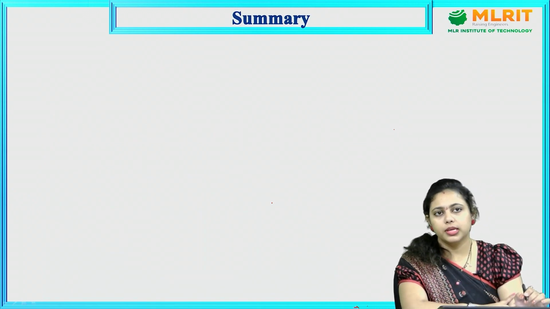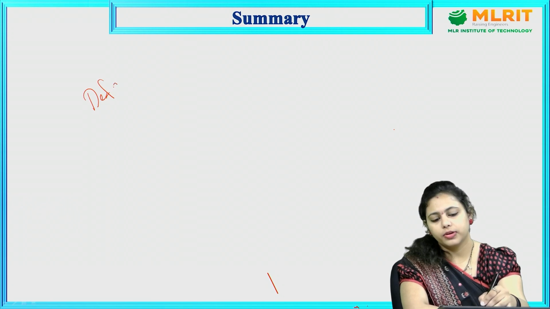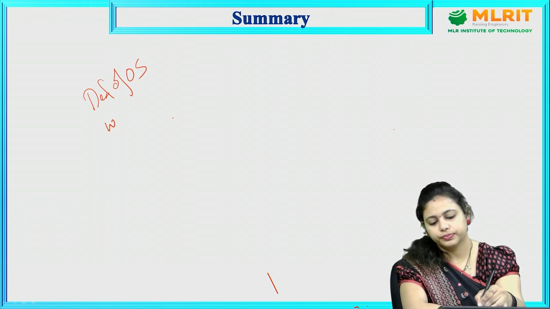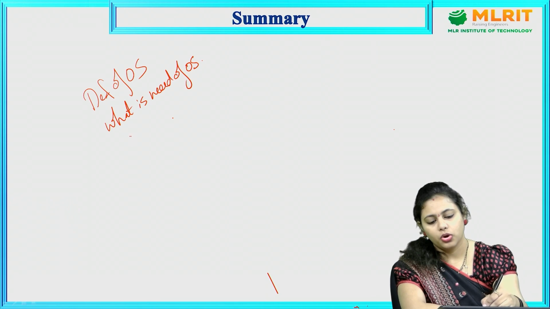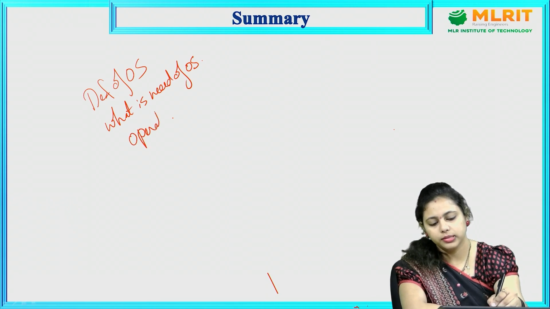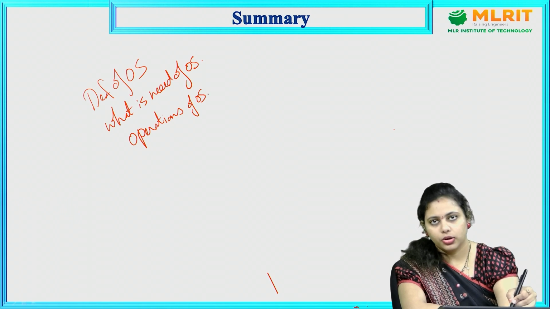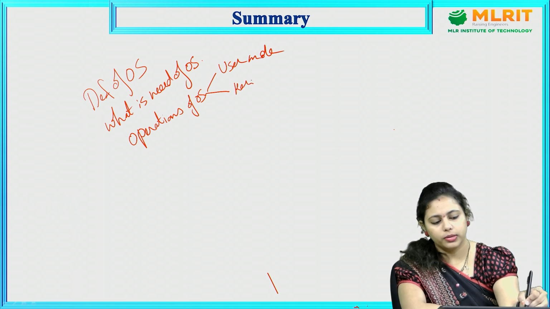Coming to the summary, what topics have we discussed? We have discussed the definition of OS initially. Next, the need of the OS. Operations of OS, in which we discussed user mode and kernel mode.